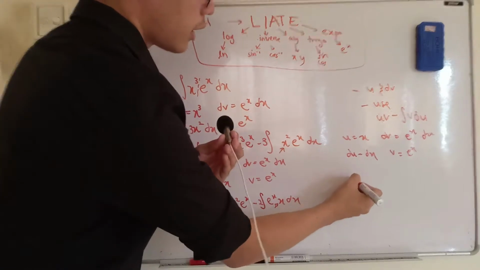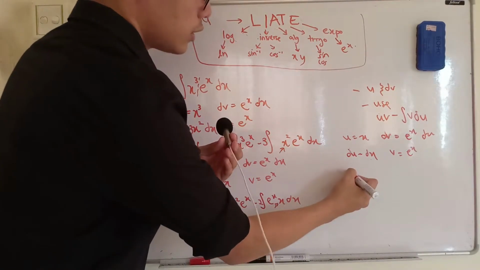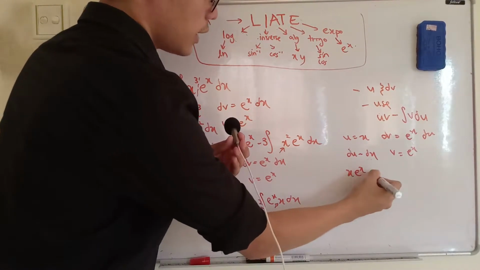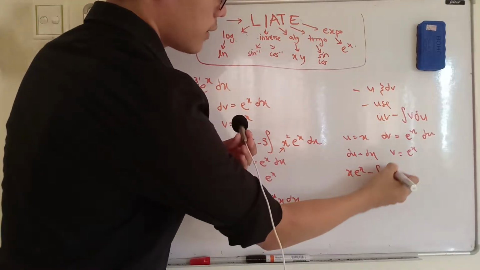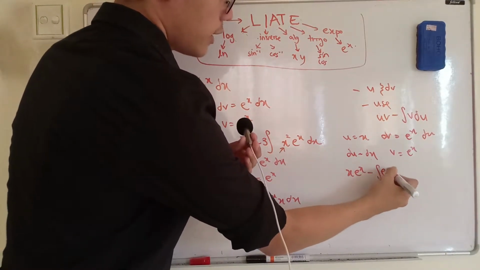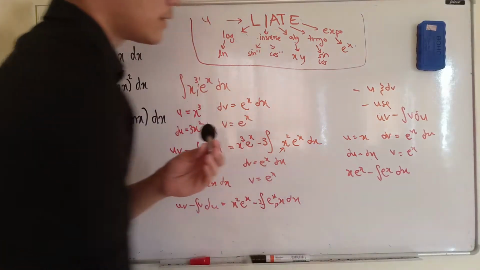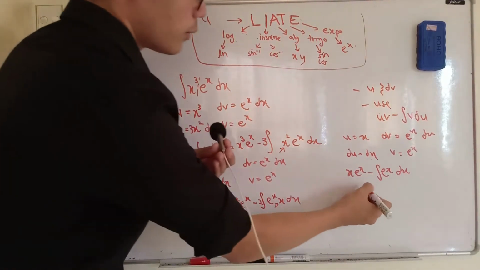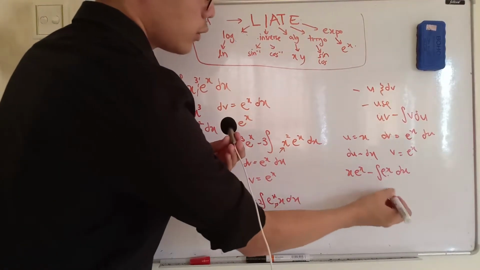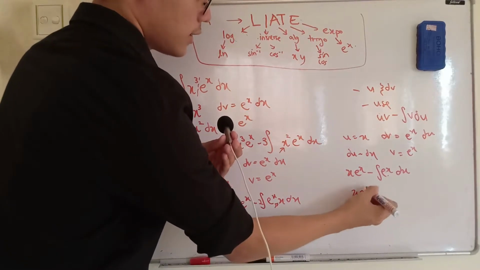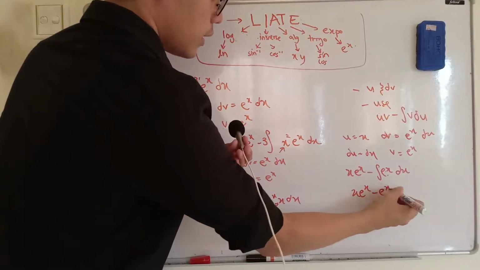So just use the formula. So s e^s minus integrate e^s ds. Okay, so when you integrate this e^s, you're going to get s e^s minus e^s.